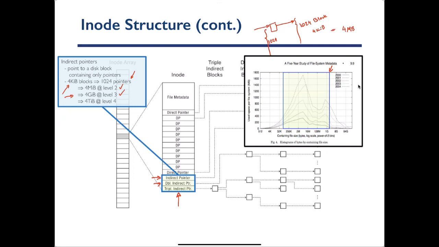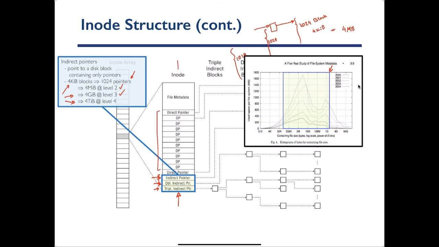So that's how much we can cover using these two. It's going to be 4 megabytes plus 4 gigabytes plus 48 kilobytes. Now the last one is a triple, so it's going to have 1,024 of the doubly ones, and each doubly one covers 4 gigabytes. So in total, the last one covers 4 terabytes.